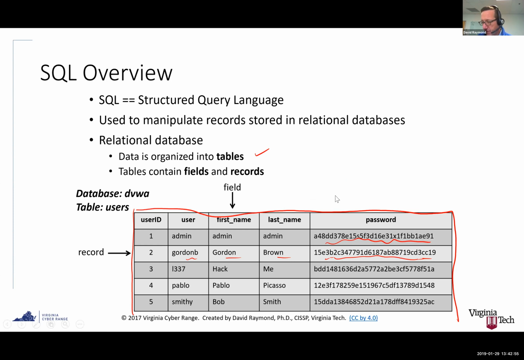In a relational database, you'll generally have many tables, and this particular table is the users table, in a particular database that we're going to look at in a second, in this DVWA application.